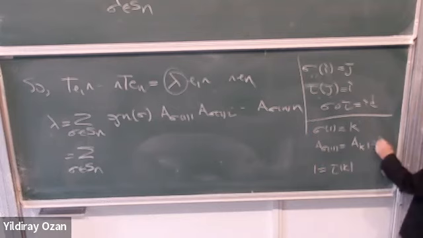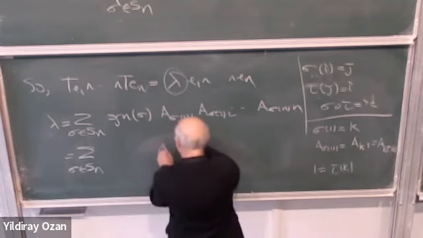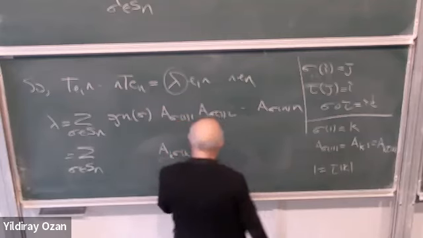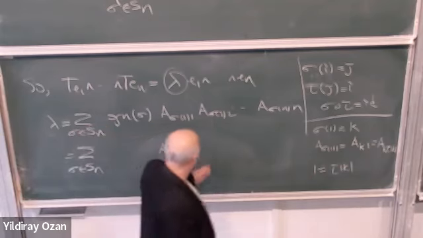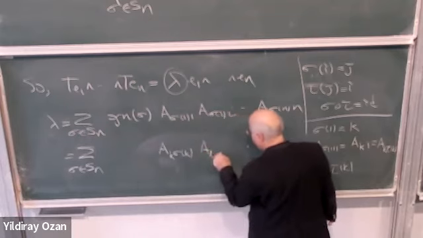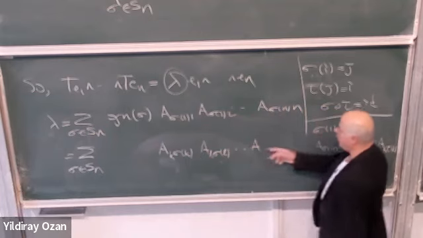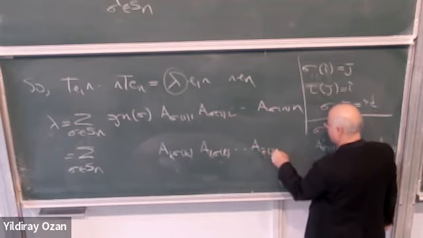So this is just A, K, tau K. So instead of A sigma 1, 1, I can write A, K, tau K for some K. For this one, I will write another term, right? A, let's say L, sigma L. And I will go how many terms? N terms. So let's say Z, tau Z.